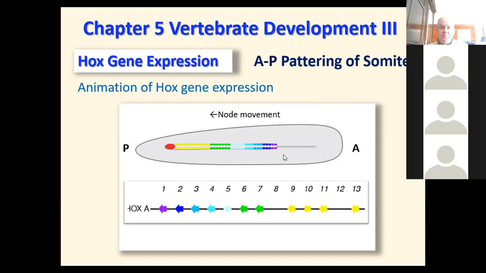So now these somites are patterned based on which Hox gene was flowing through when it differentiated. Okay, and again, remember, this has got only Hox1. When you get down here, you've got all the Hox genes on, including the newly expressed ones.